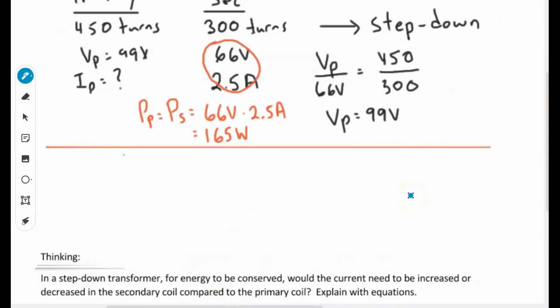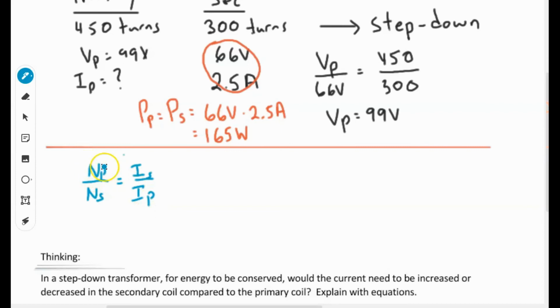So if you wanted to do it the two-step way, which is not wrong, that's fine. It just takes a little bit of extra time. You first need to solve for primary current. So to do that, we're going to use the ratio. You can use whichever ratio you want because we know both voltages and we know both turns. I'll use the turns ones. So we have the number of turns in our primary coil divided by the number of turns in the secondary coil equals the current through the secondary over the current through the primary.